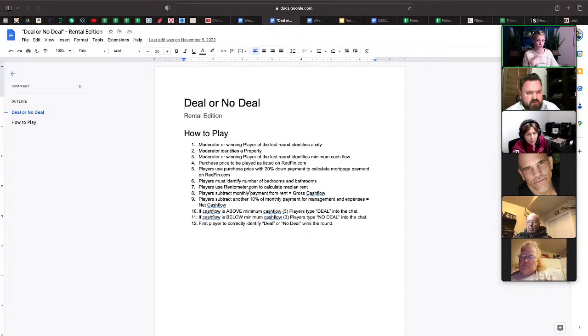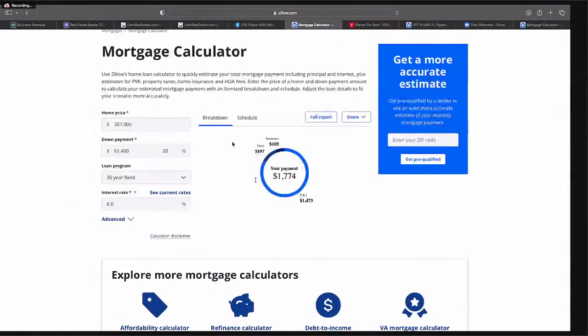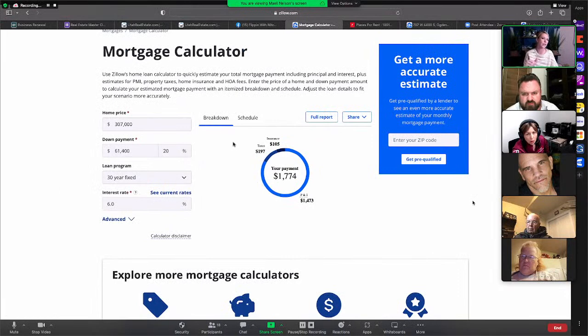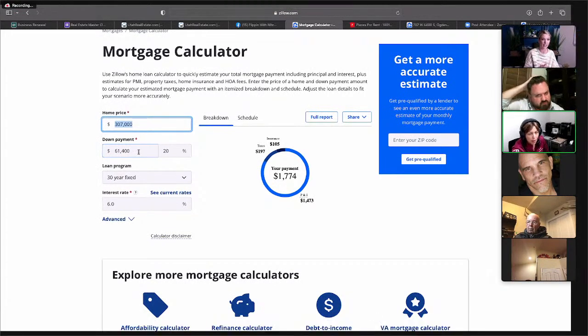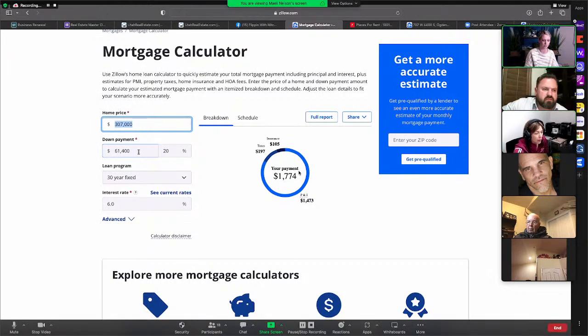No, so that's what we'll have to do. On our end, we take 307 and we deduct that out, right? So here we have to say, okay, we're subtracting $61,000. That's what I have originally when I pulled it up. So we need to change the 307 to the actual finance amount once we calculate the 20%. No, that's not how I'm seeing it. I think it's taking it into account already.